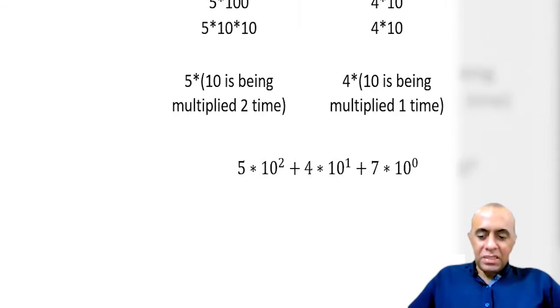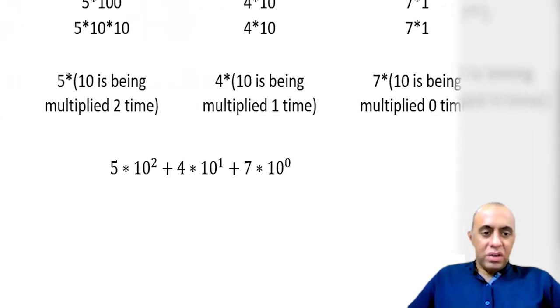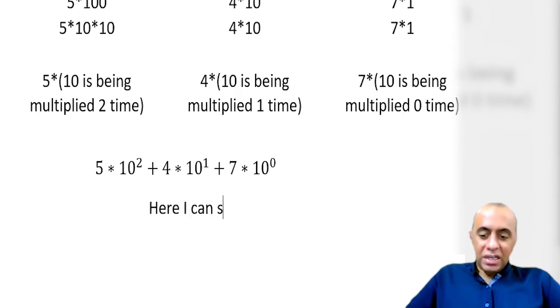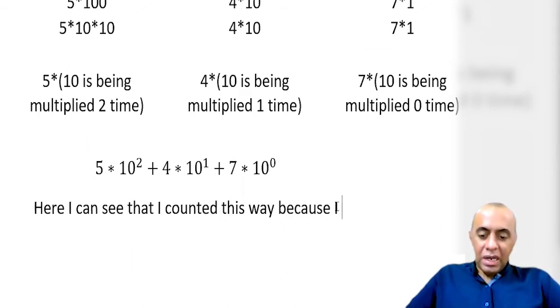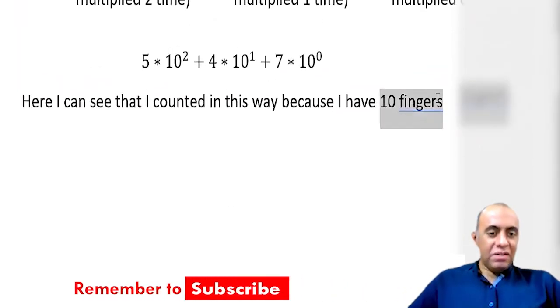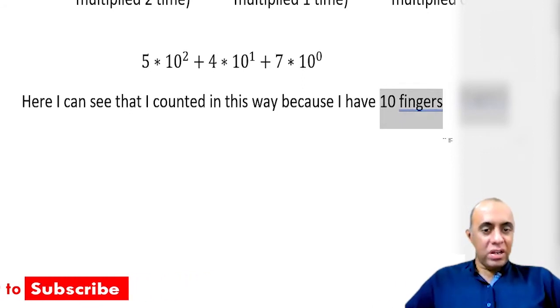So this is really amazing because now you are able to see the base of your numbering system. Here I can see that I counted this way because I have 10 fingers. I have 10 fingers and I have 10 symbols to represent each number from 0 to 9.